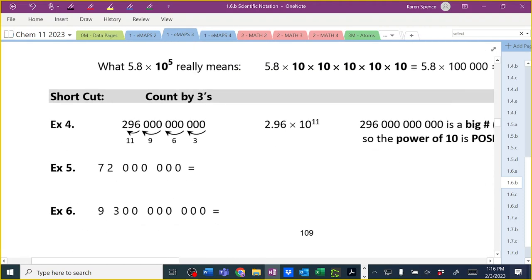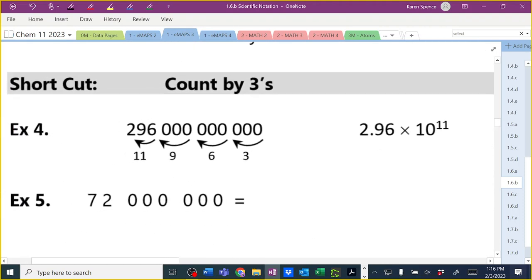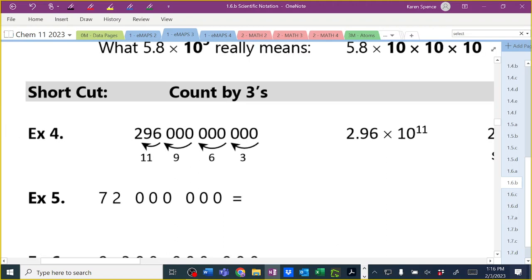Shortcut. Sometimes you've got lots and lots of zeros. Make it easier for yourself rather than going 1, 2, 3, 4, 5, 6, 7, 8, 9, 10, 11. That gets kind of messy and complicated. You can shortcut by counting in groups of 3.